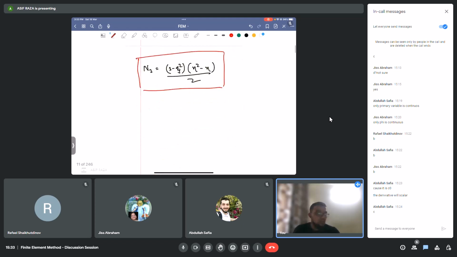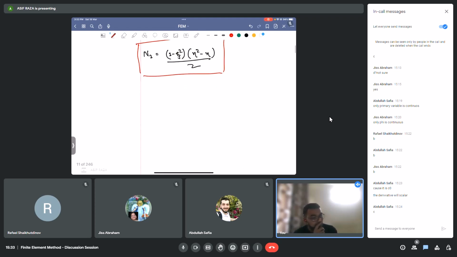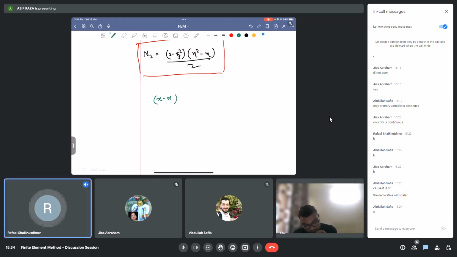One other way we can think of: you must have studied in the earlier classes, in numerical approximation or something like that, something like x minus xa. It looks like we are deriving the Lagrange polynomial for one dimension.